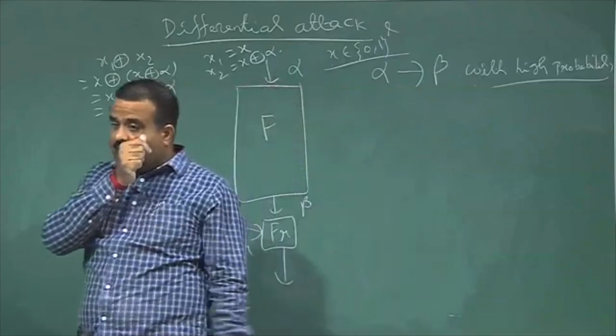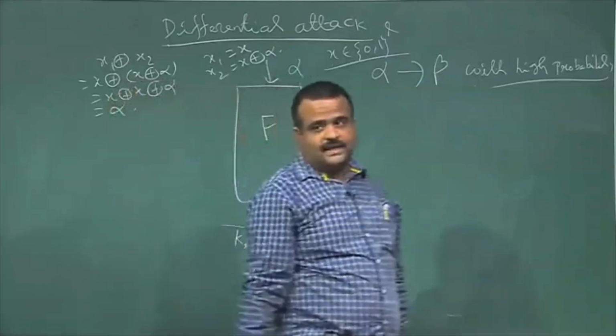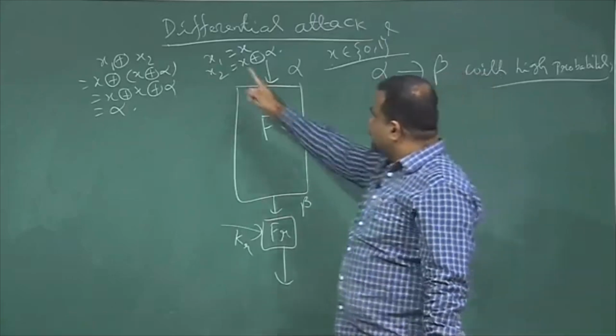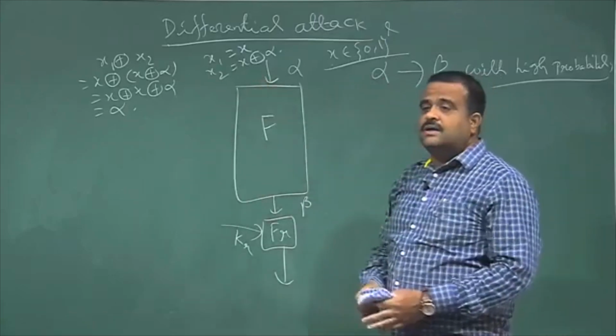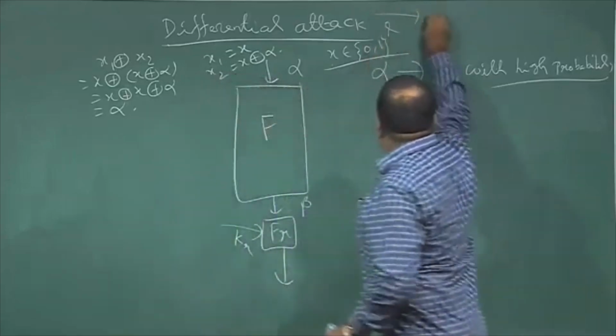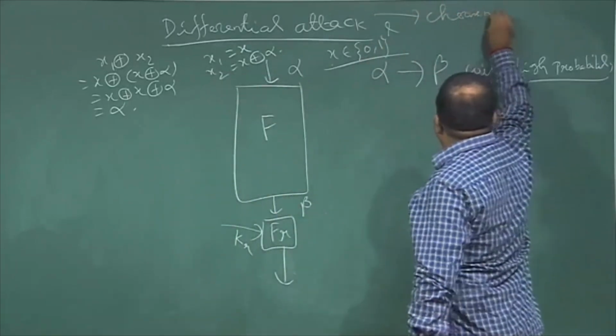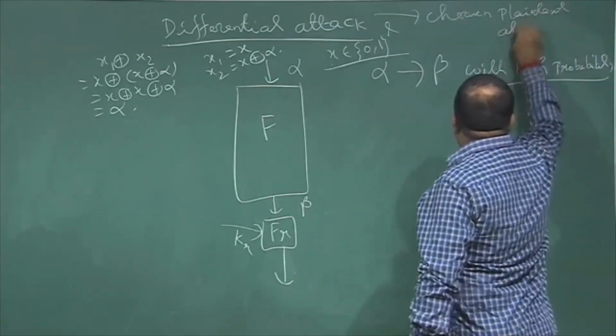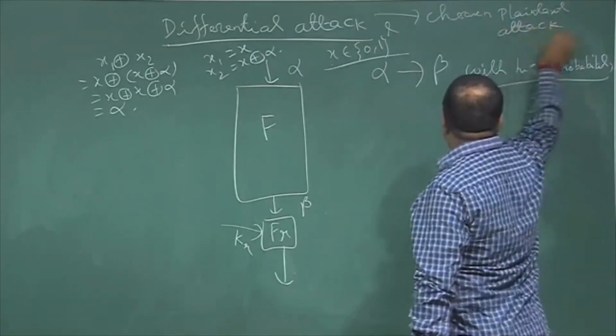So we have to take x XOR alpha as x2. Now, for this x1 x2, this is a chosen plaintext attack. This differential attack is a chosen plaintext attack. We are choosing the plaintext so that we can get the corresponding ciphertext.